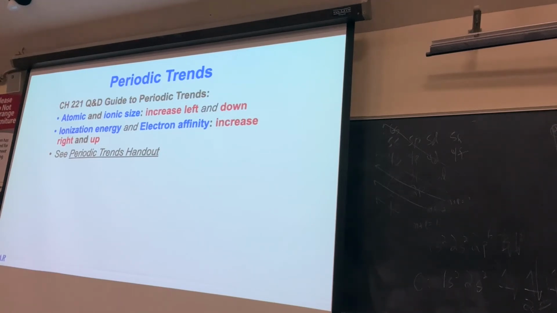Questions? Okay. The other two periodic trends, which are important in this chapter, and for stuff we're going to talk about, are ionization energy and electron affinity. Now, ionization energy is an energy cost you have to add to make an electron go away from an atom. So making sodium to sodium plus, you pay a little bit of ionization energy.